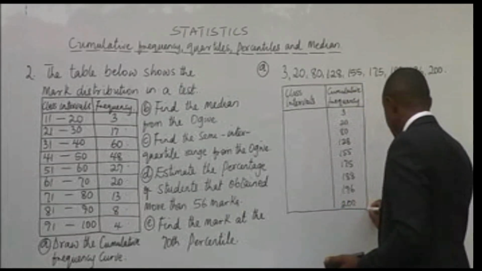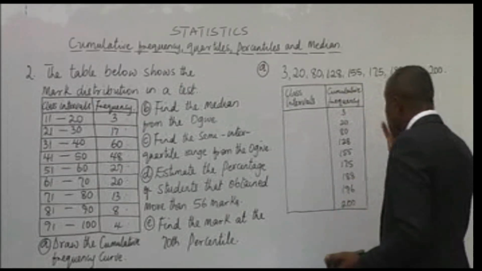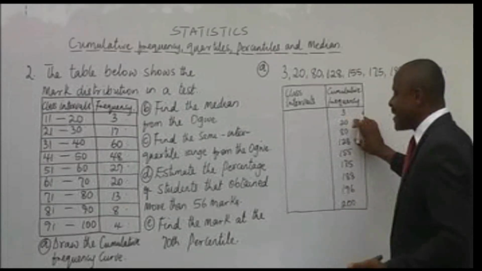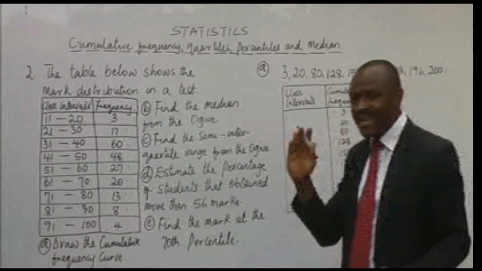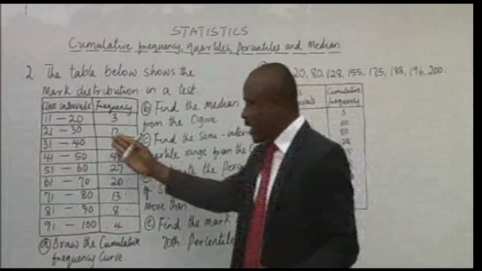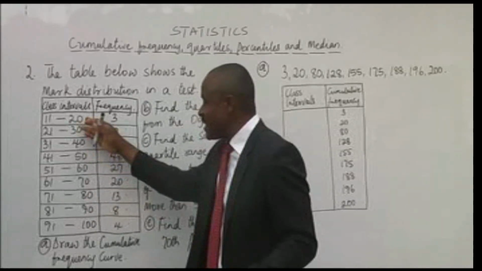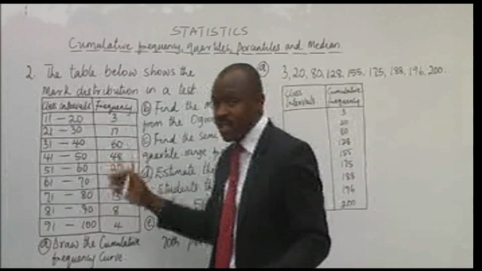So draw your line. Remember, you are going to plot this against the upper class boundaries. So if you come to the class intervals, the upper class boundary here is going to be 20.5.